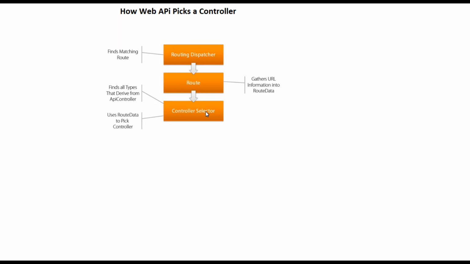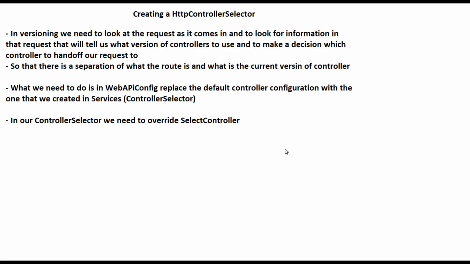Basically, what this does is get the list of all the controllers that we have and then use this route data to pick which controller we want to use. Not extremely complicated. So we're going to create our own HTTP controller selector, overriding the default, and make it pick our version of the controller.